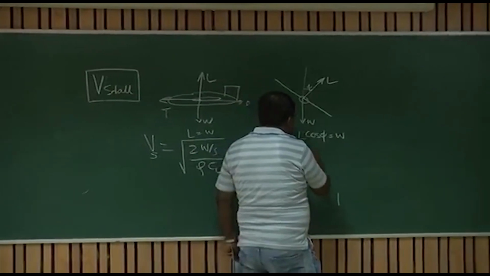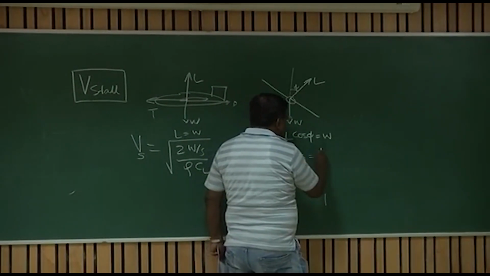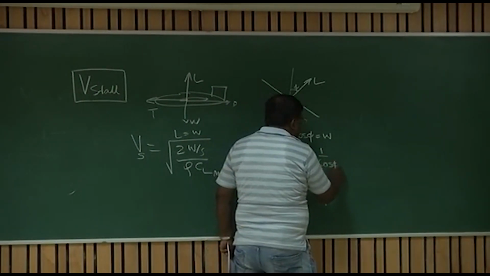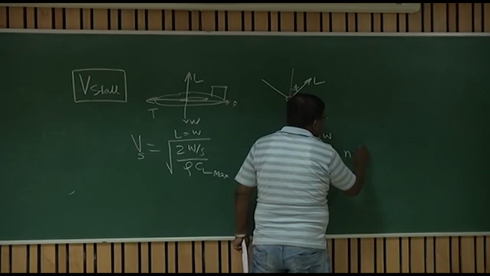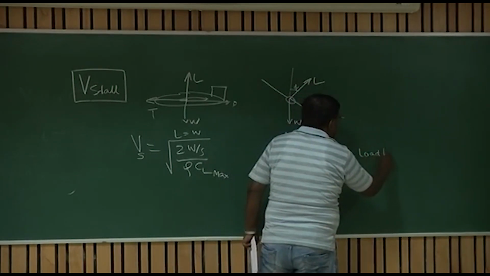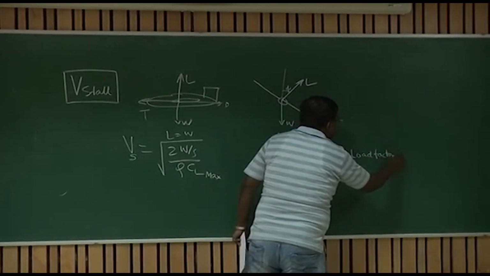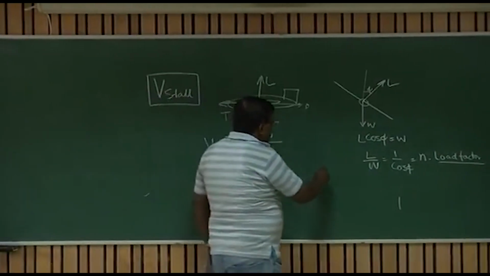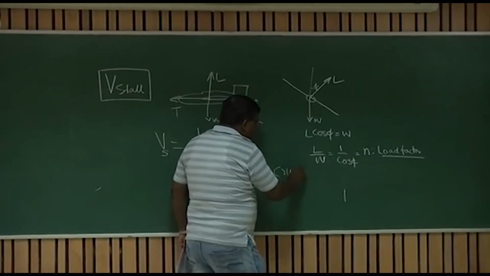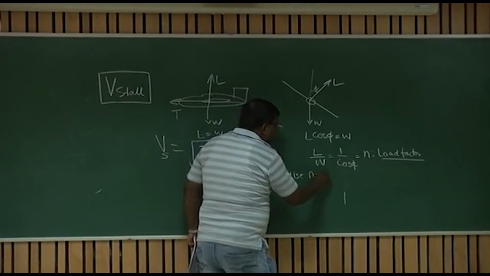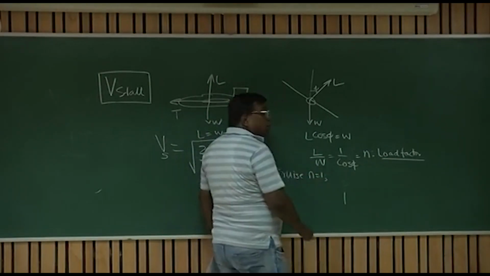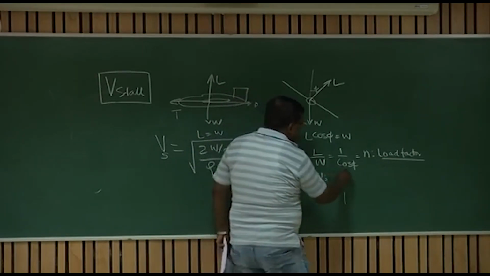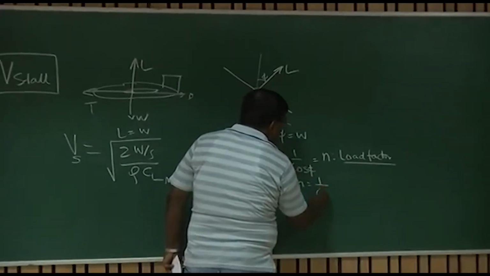Here I see L by W is 1 by cos phi. By now you know this is n, called the load factor. For lift equal to weight, or for a typical cruise, n was equal to 1. And for a maneuver, this n is 1 by cos phi.